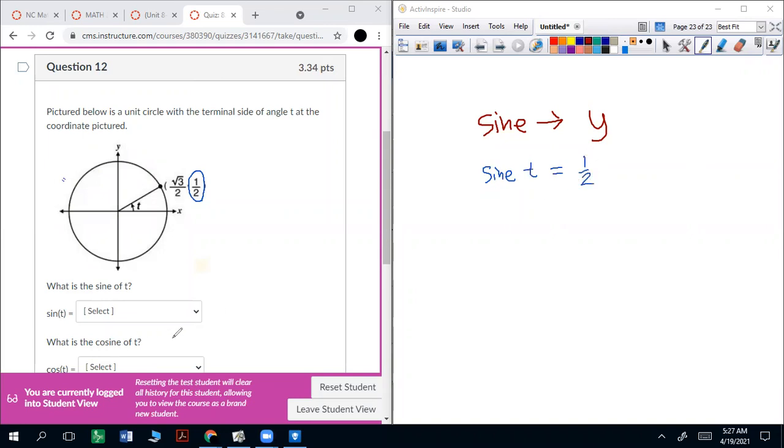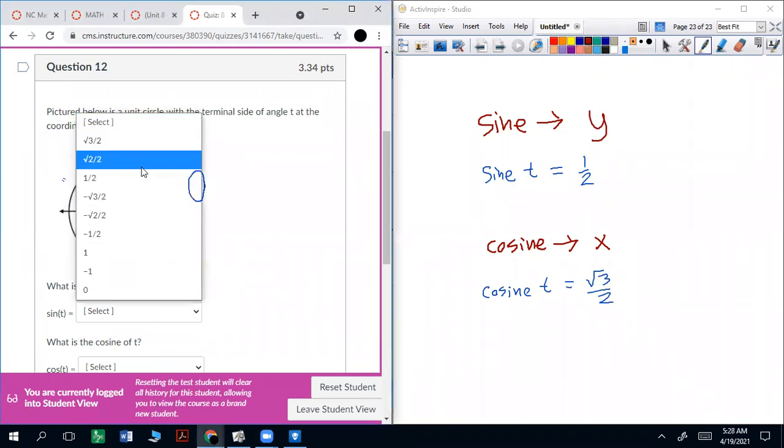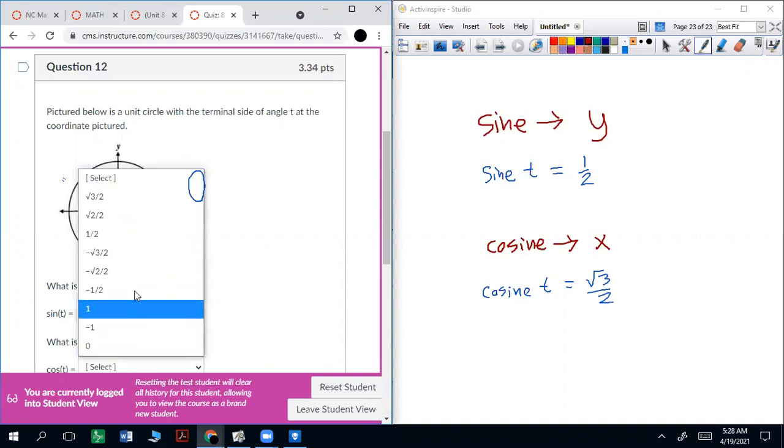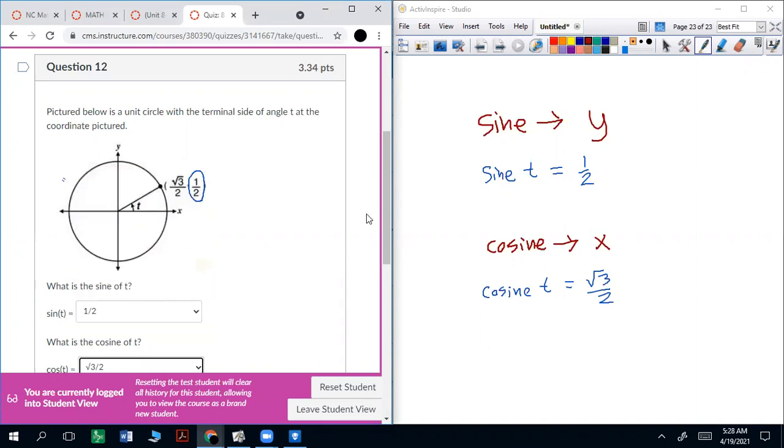That means the cosine of t, cosine is your x value, so cosine of t is the square root of 3 over 2. It's that simple. They're right there. 1/2 and the square root of 3 over 2.